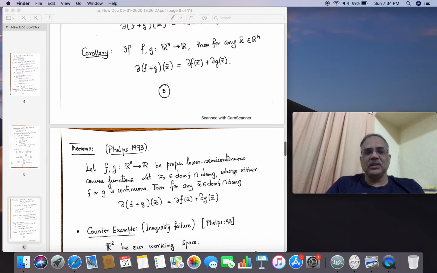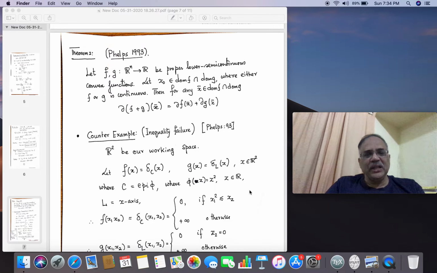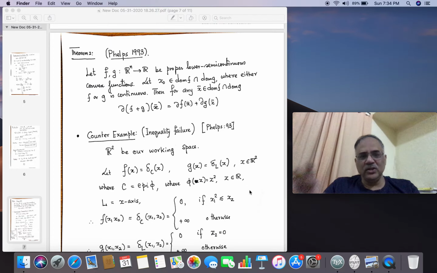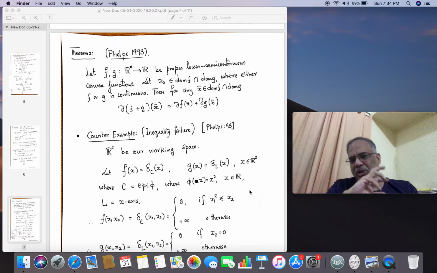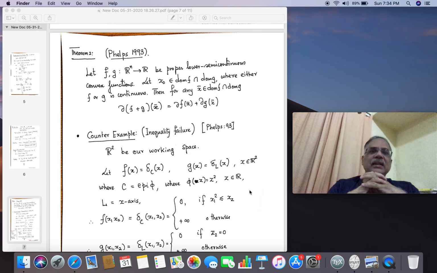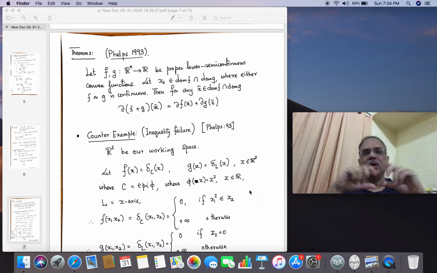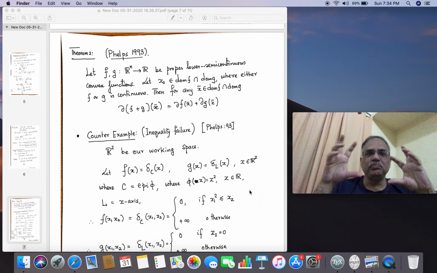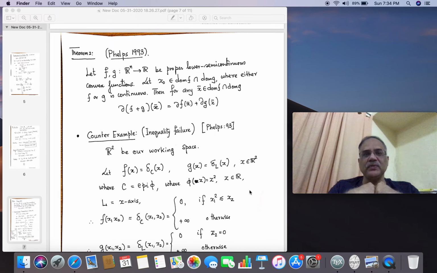Now comes a slightly interesting law. There are several conditions you can put under which this addition rule would be true. One of these is, let us have two functions f and g from Rn to R, which are proper, lower semi-continuous convex functions.